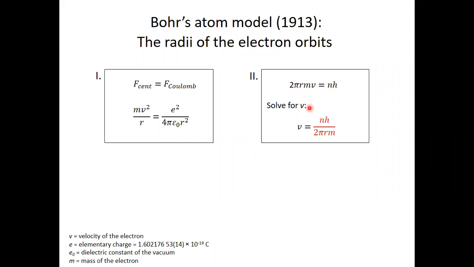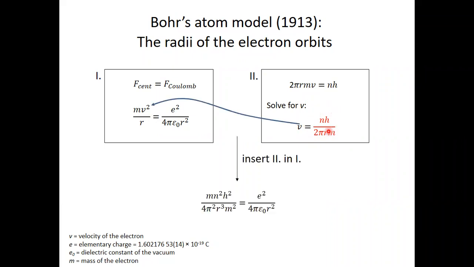So now one can mathematically solve this equation for the velocity, and then the velocity is equal to n times h over 2 pi r times m, whereby m is again the mass of the electron. And then one can substitute v in this term here by this term.